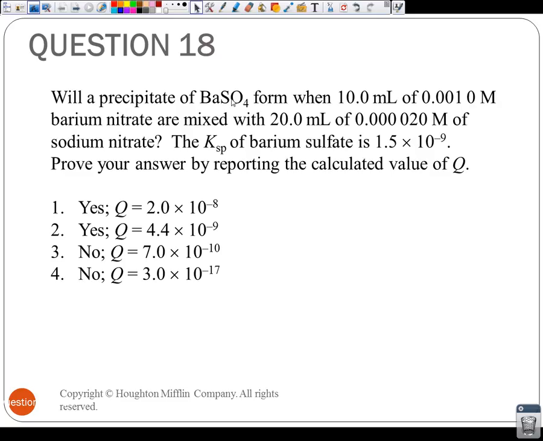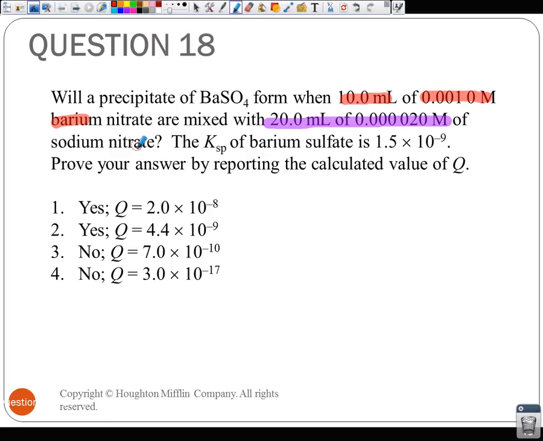Okay? You got a question? You would have to write an ICE table, and here's the problem. You're taking this solution and you're mixing it with this solution. Well, you have to have enough barium ions from the barium nitrate, and you have to have enough sulfate. That doesn't make any sense, does it? There's no sulfate. This would have to be sulfate.